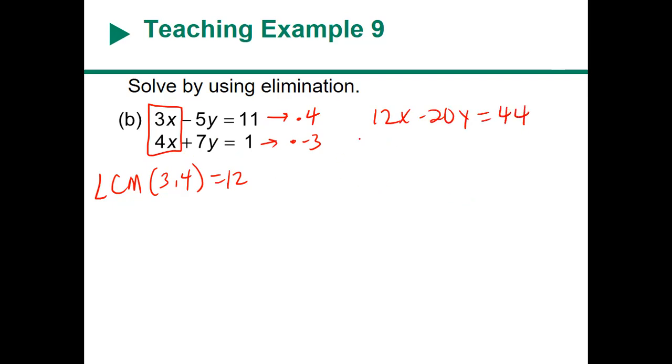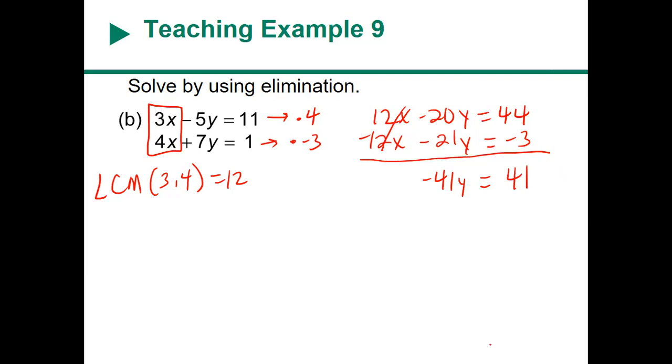And I'm working with negative 12x minus 21y equals negative 3. So now I can eliminate and combine. So we eliminate, we combine, and we get negative 41y equals 41.